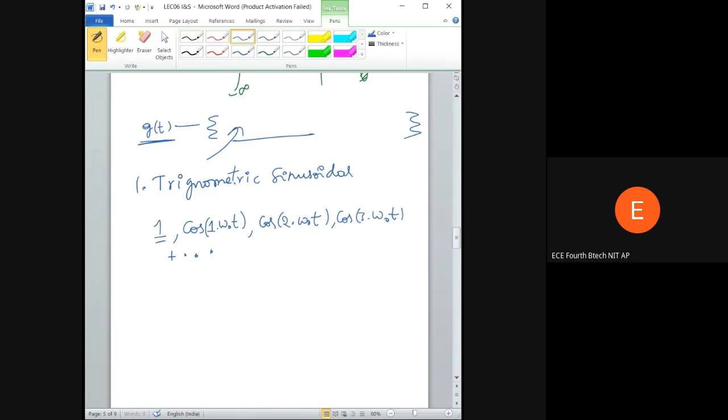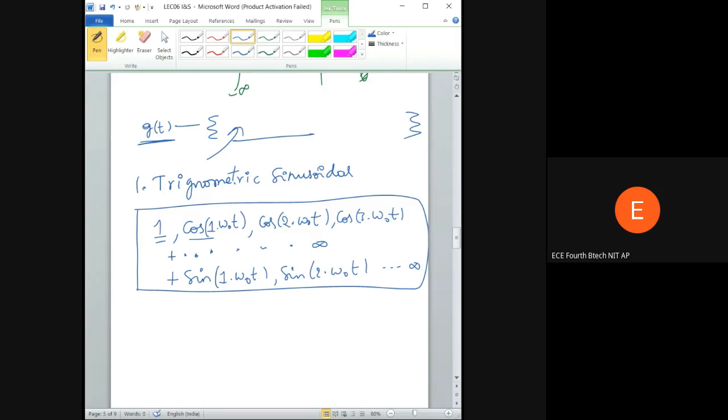Then sine 1 omega naught t, sine 2 omega naught t, and so on up to infinity. These are infinite terms, so this is one complete set.